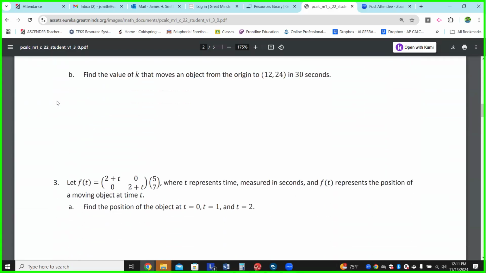All right, so I want y'all to do the same thing on part B, but this time let t equal 30. Go ahead and make sure you can do this on your own. We'll check it and then move on to the next step. 2B is still part of 2A, so it's going to be the same formula as on number 2. The only difference is now I want to see what happens when t equals 30, because I'm looking at 30 seconds.